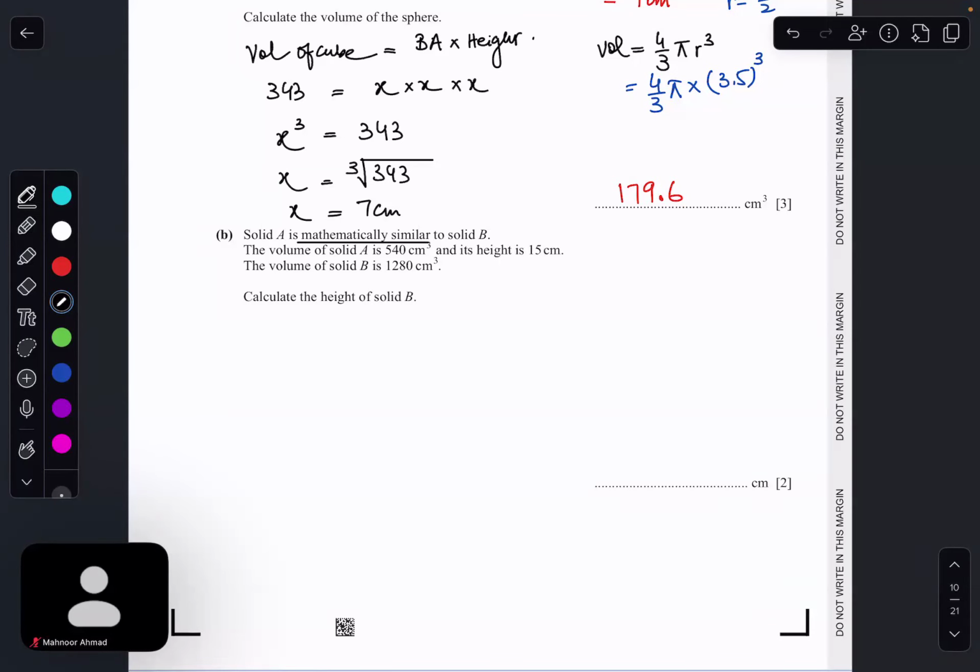So for similar shapes, there is a relation between volumes. The volume of the first shape over the volume of the second shape is equal to the corresponding lengths, the heights, whole cube.